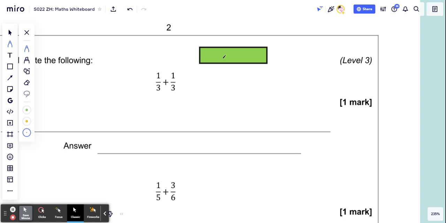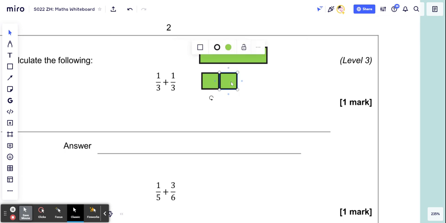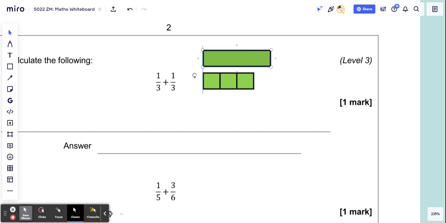Let me copy it over to overlap, so we can see that it's the above thing. Once I change the size of it, chopped into three, if that equals one, then clearly this also equals one.